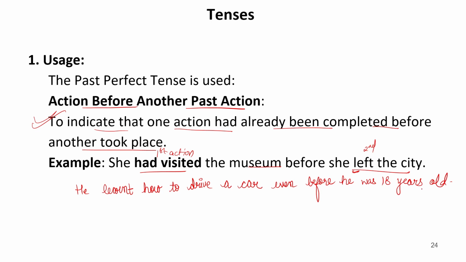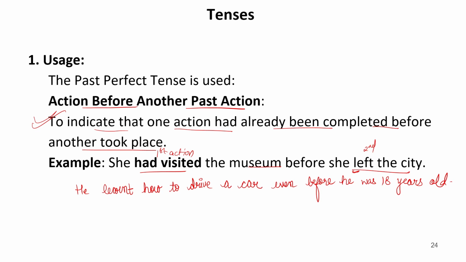In this sentence, some age is mentioned. We know well that to drive, one should be 18 years of age. Only then is he allowed to drive any four-wheel vehicle on the road or any two-wheel vehicle. One should be a minimum of 18 years old.